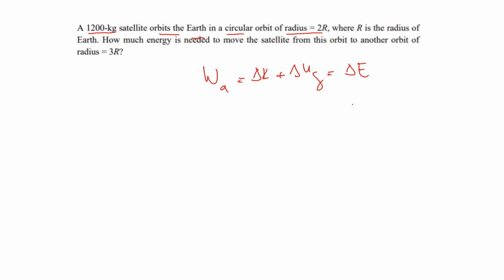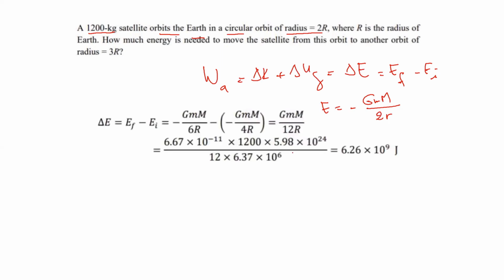Now, what is mechanical energy? Of course, it will be delta mechanical energy, final minus initial. And you know that for a circular orbit, mechanical energy is just minus GMm divided by 2R, if you remember correctly. So my R initial is 2R, and my R final is 3R.